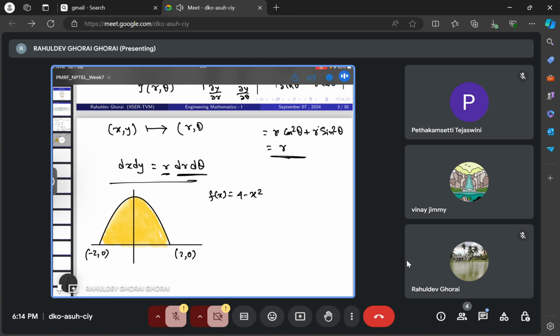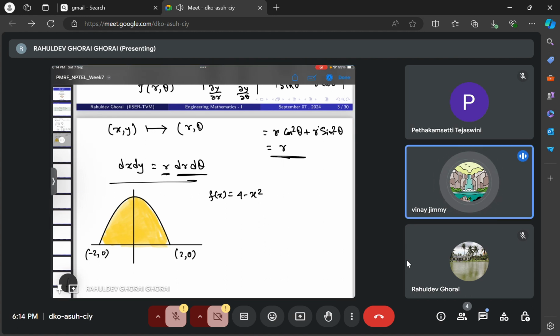Or you tell me how one can get the surface area of the portion I have colored with yellow. Sir, change it into Cartesian coordinates.